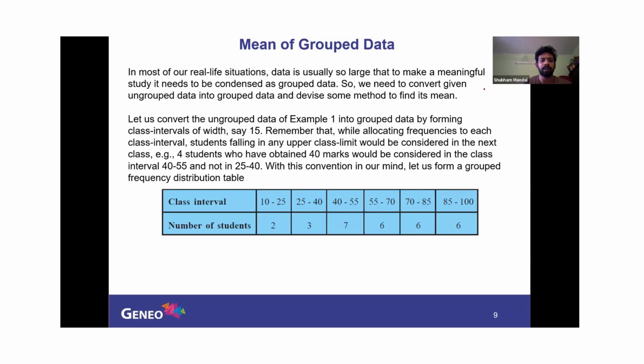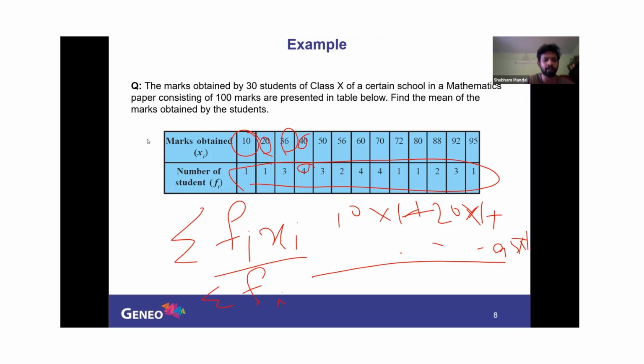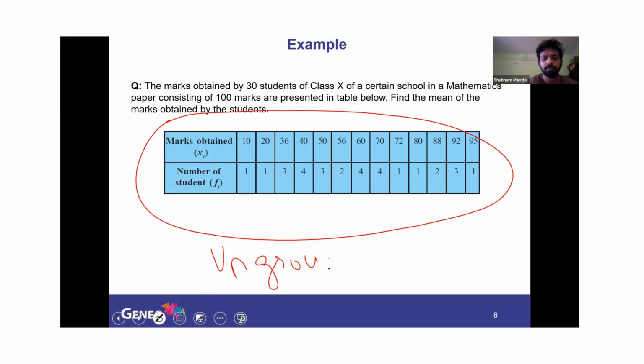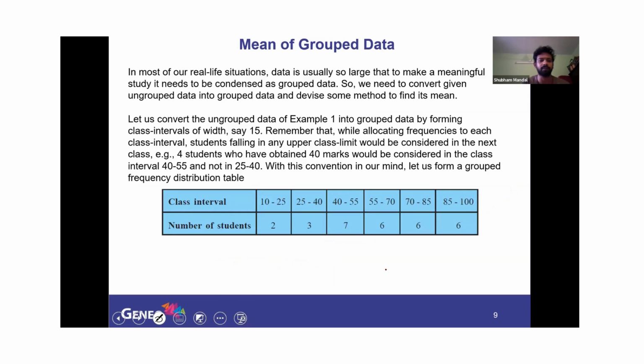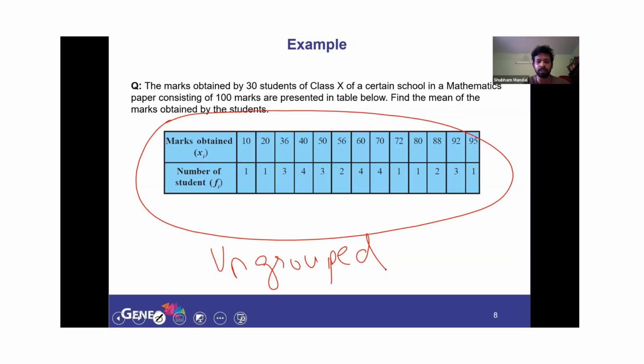So now let's take this. This table shows our ungrouped data. Now let's convert this into grouped data. How do we do that? That is up to you. What is the minimum marks? Start from the minimum.